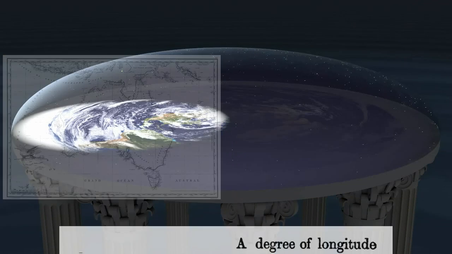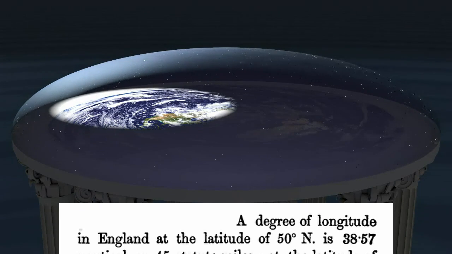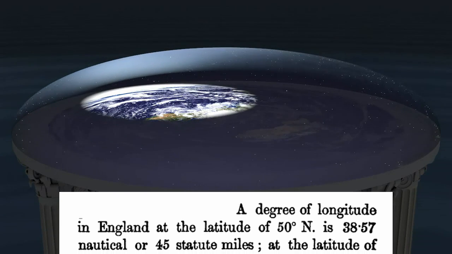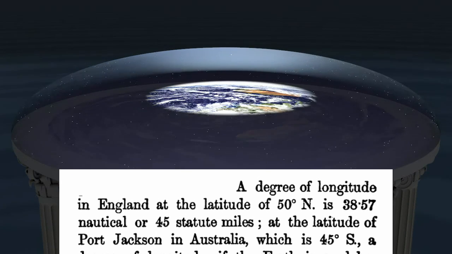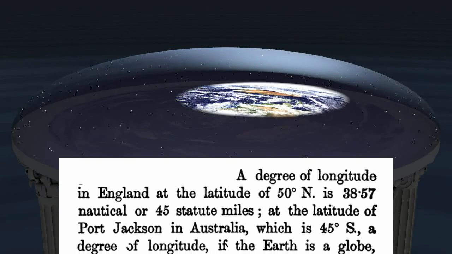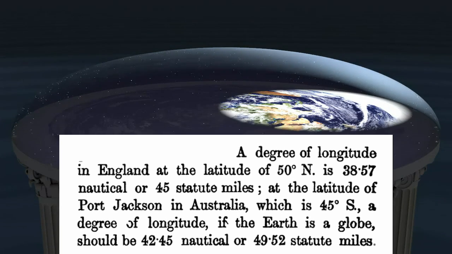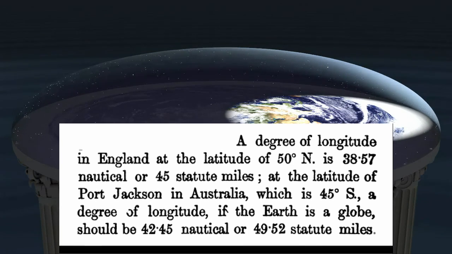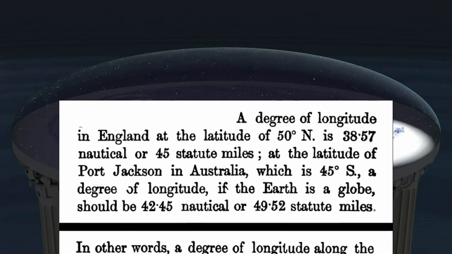A degree of longitude in England at the latitude of 50 degrees north is 38.57 nautical or 45 statute miles. At the latitude of Port Jackson in Australia, which is 45 degrees south, a degree of longitude, if the Earth is a globe, should be 42.45 nautical or 49.52 statute miles.